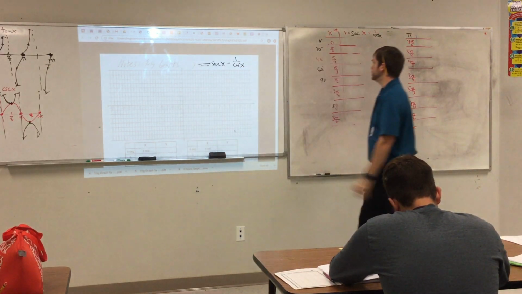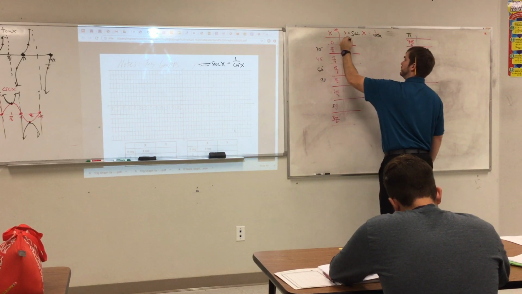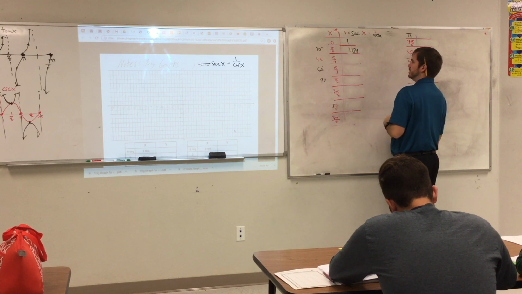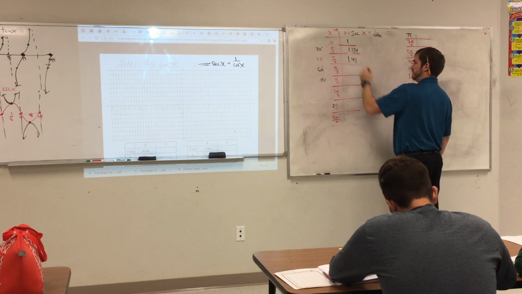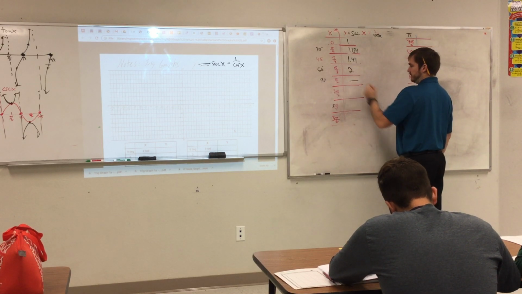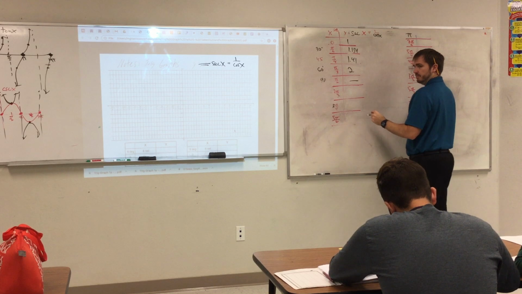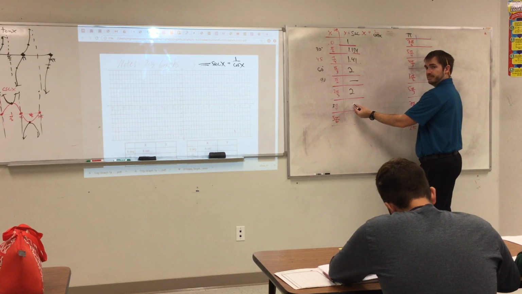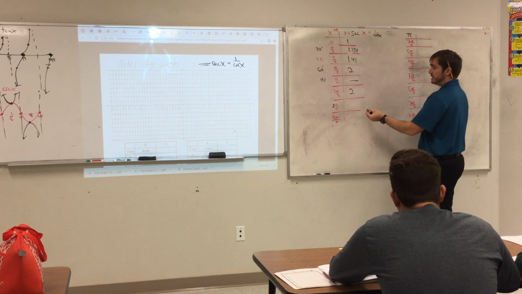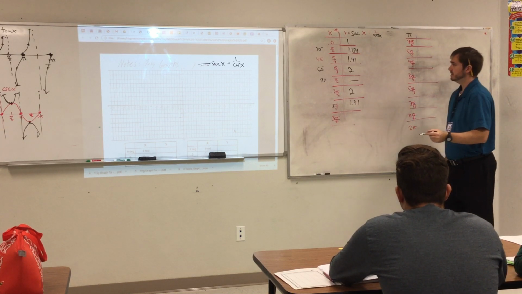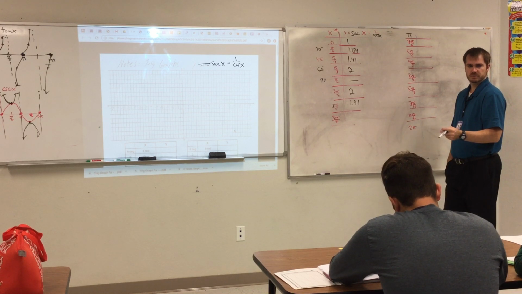All right, help me out, class here. 0, pi over 6, pi over 4, pi over 3, pi over 2? Okay, so that's fine. 2 pi over 3? 3 pi over 4? I'm going to make a guess. 1.41 or 1.14?